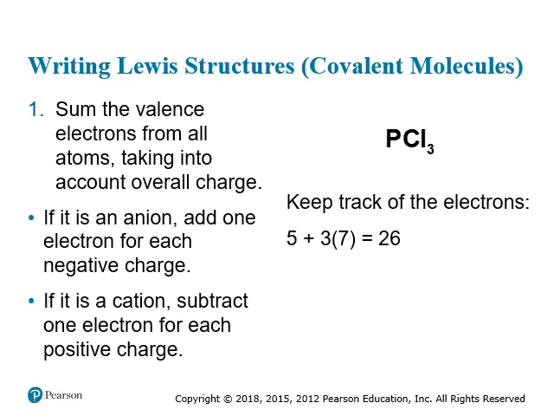Now, since phosphorus trichloride is a neutral species, accounting for those 26 electrons is all we're going to need to do in order to draw this structure. If we were trying to draw the Lewis structure of an anion, for example, the hydroxide anion, we recognize that there is an additional electron associated with the atoms that are there.